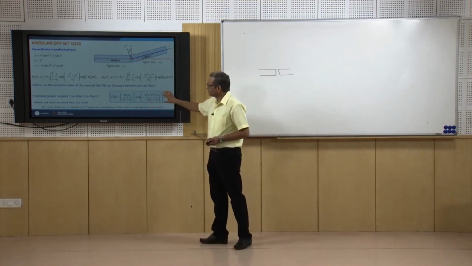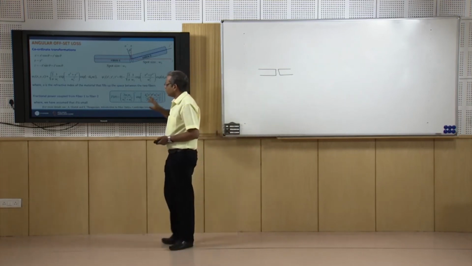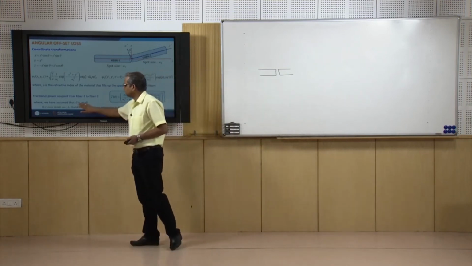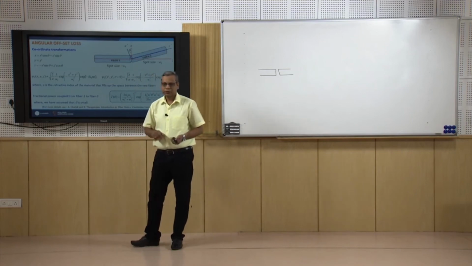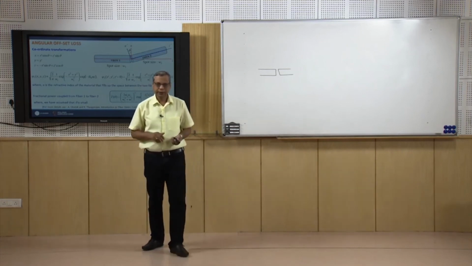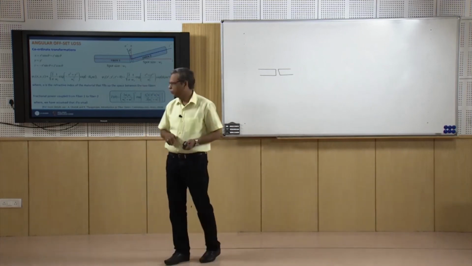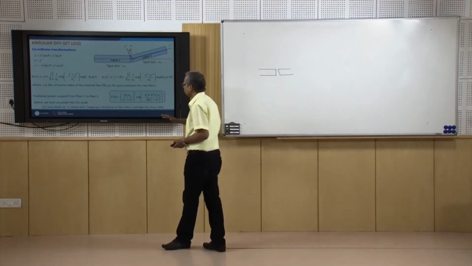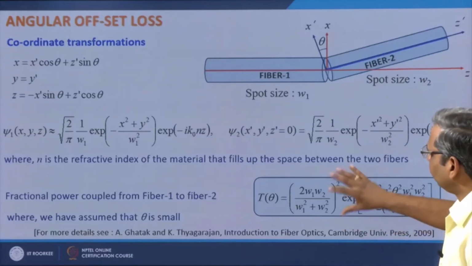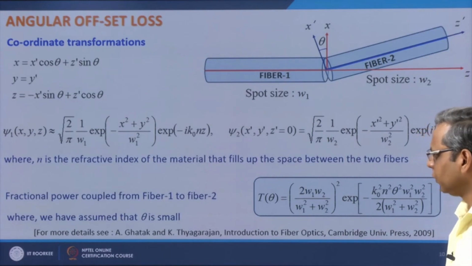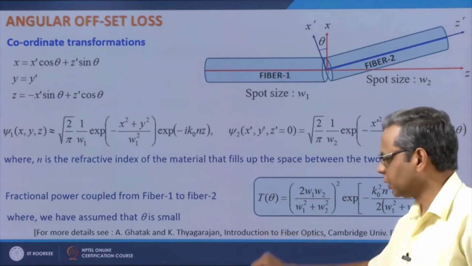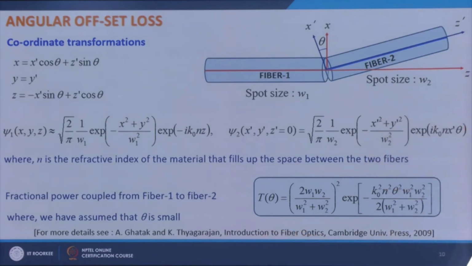In order to get this expression, I have assumed that the value of theta is small, so that sin theta is equal to theta and cos theta is equal to 1. If you want to look into more details about this, then you can refer to the textbook Introduction to Fiber Optics by Ghatak and Thyagarajan.